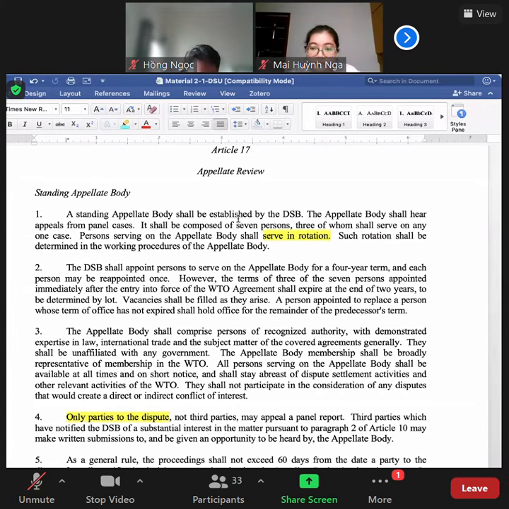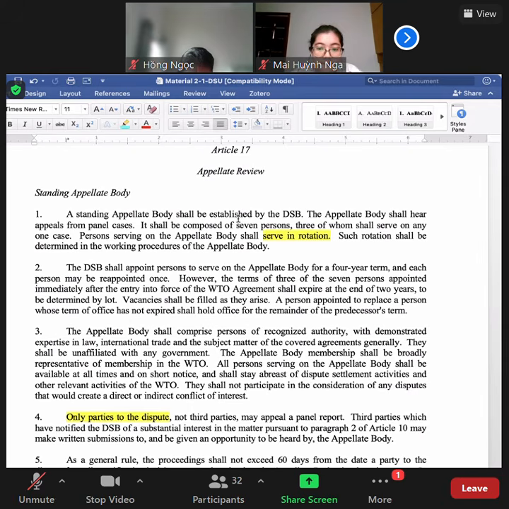And a standing appellate body shall be established by the DSB. And this is, how can I say, the Achilles heel that has been used by the US, because you know that the US right now is blocking the appointment of the AB members, and therefore this body cannot be effectively run since 2018.